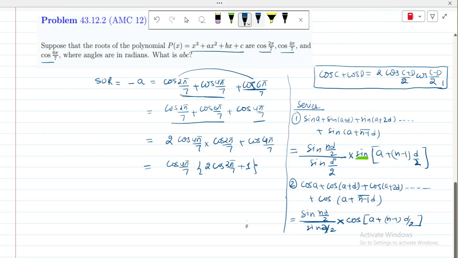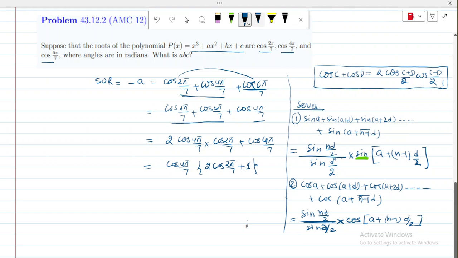Multiply cos of a plus n minus 1 times d by 2. So a is what here? 2 pi by 7. N minus 1 will become 2, because 3 terms. And d by 2 is pi by 7. Okay? So it becomes cos 4 pi by 7.